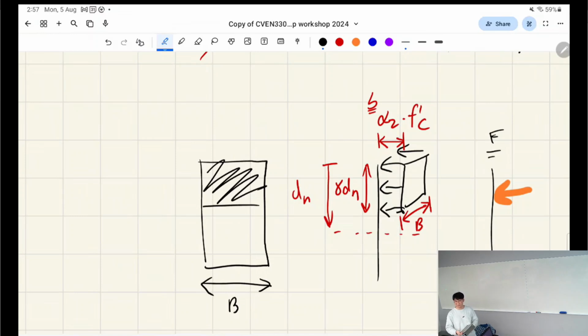Because we need the area of concrete in compression, we need to multiply it by that width as well, okay? If you're curious where the rectangular stress block comes from, it's basically because engineers don't like to deal with parabolas and weird shapes like that. So we turn it into a rectangle, because the other option would be doing something like that. This is like a parabola, and we've simplified the parabola.